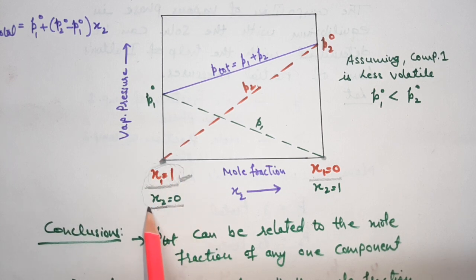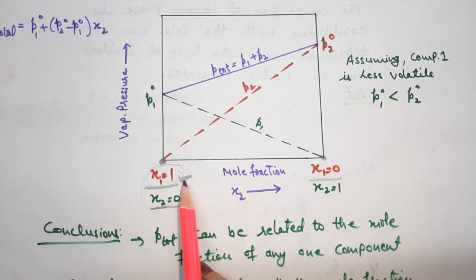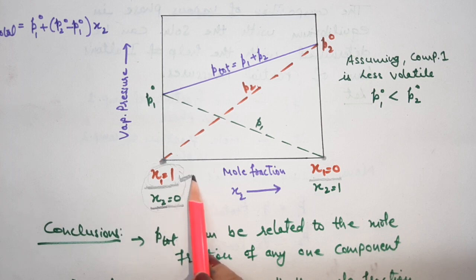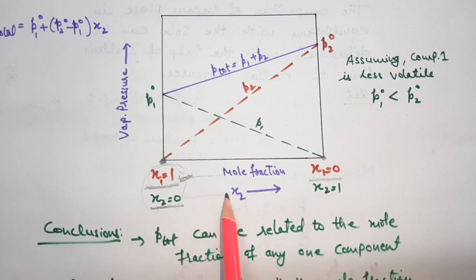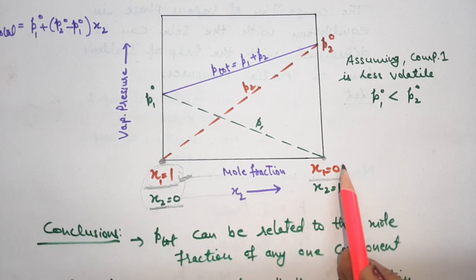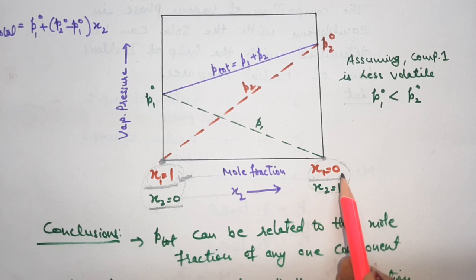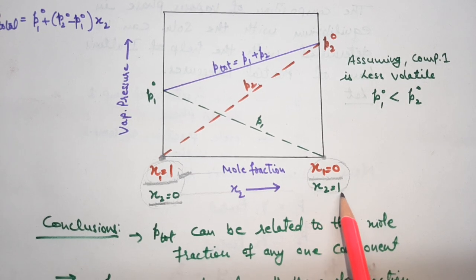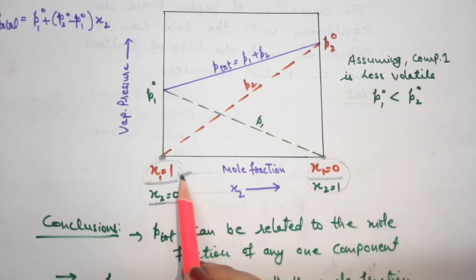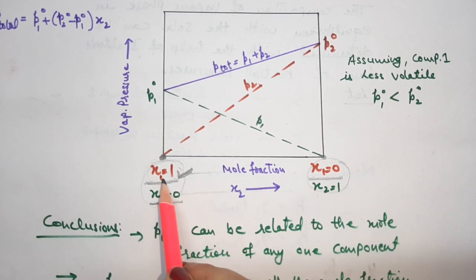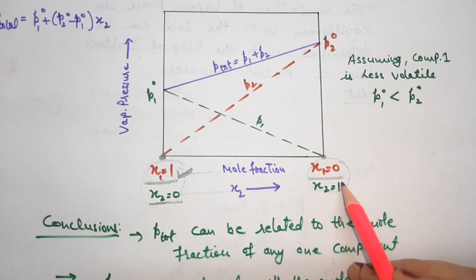So here X1 is equal to 1 and X2 is equal to 0. Slowly the mole fraction of X1 will be decreased and the mole fraction of X2 increased. By the end we get the composition where X1 is equal to 0 and X2 is equal to 1. So here you have the pure component 1, and here the pure component 2.